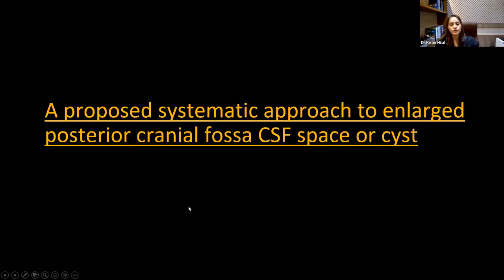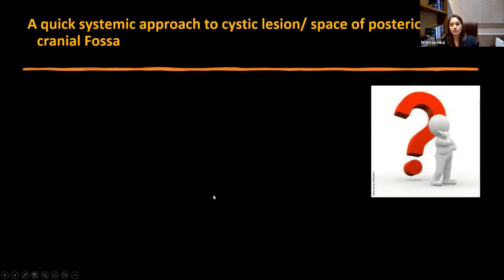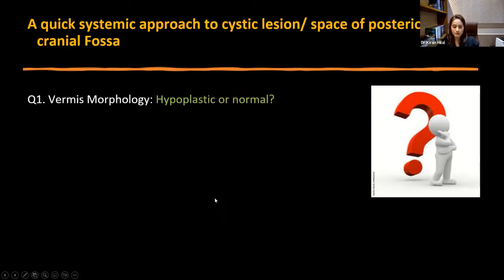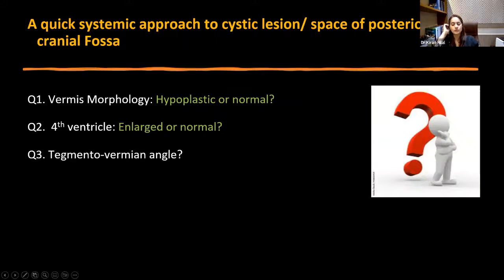Now I'm going to show you the systematic approach to enlarged posterior cranial fossa cystic spaces. It is a six-question-based approach. Question one: is the vermis normal or abnormal? Question two: is the fourth ventricle enlarged or normal? Question three: is the tegmentovermian angle normal or not?